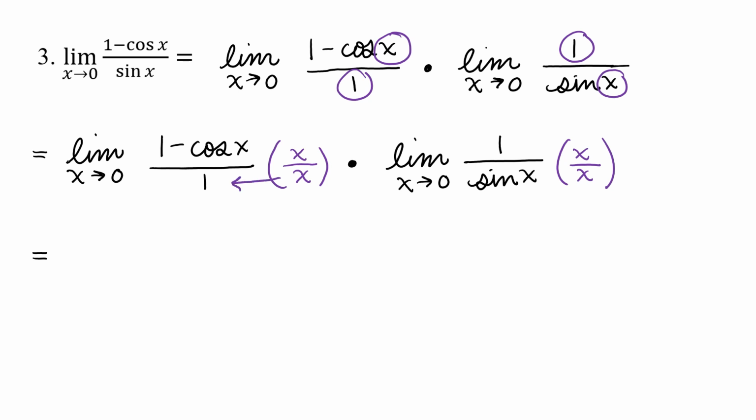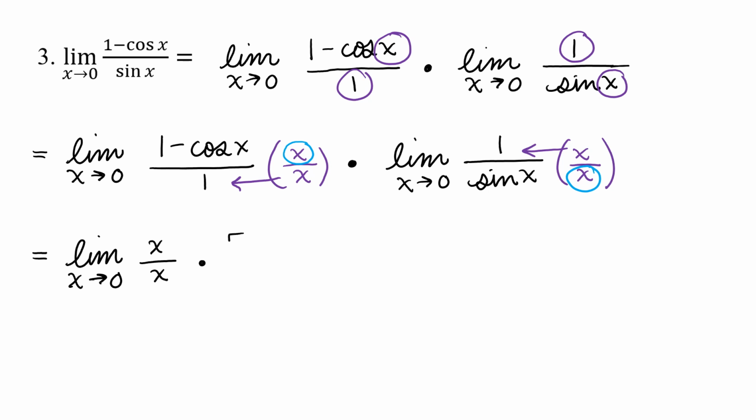This x will follow, this x will be extra, this x will join that limit, this x will be extra. So then we have the limit as x approaches 0 of, well, x is a function, so we'll have to give those their own little limit here from these extra x's in the numerator and denominator.